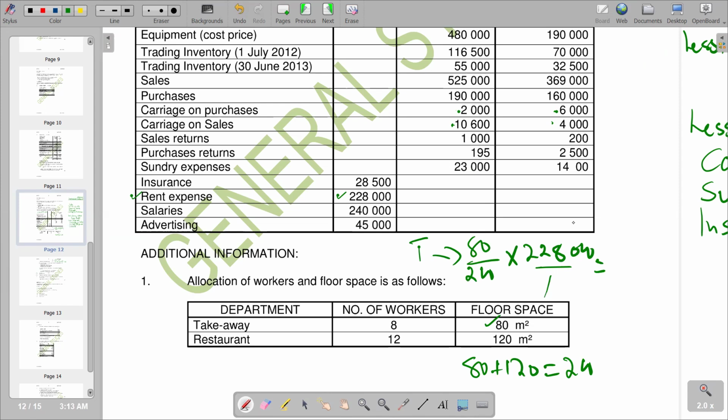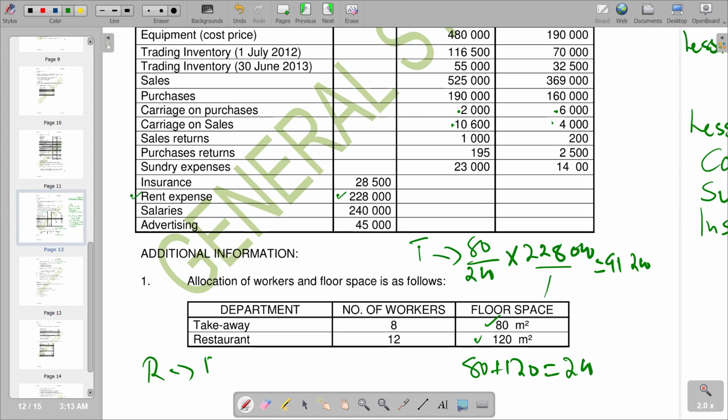You are going to get 91,200. So here we put 91,200. We also calculate for our restaurant.